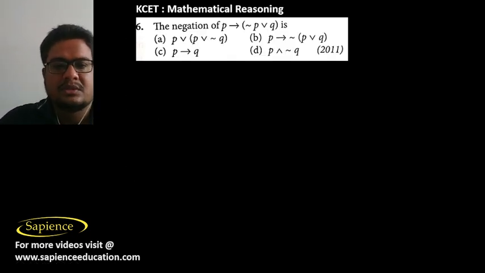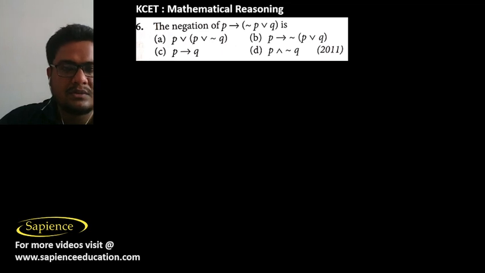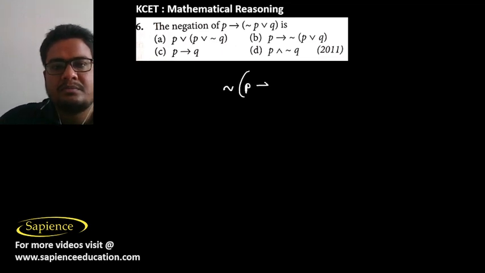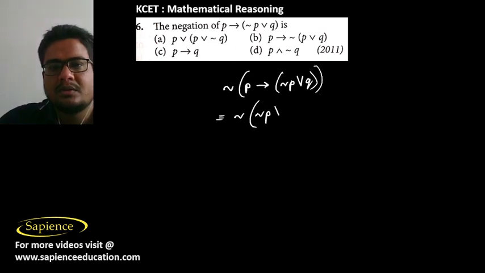Then in question number 6 it is told the negation of this statement. The negation of this statement is what? So we have to find the negation of if P then not P or Q. It is equivalent to not of (not P or not P or Q).